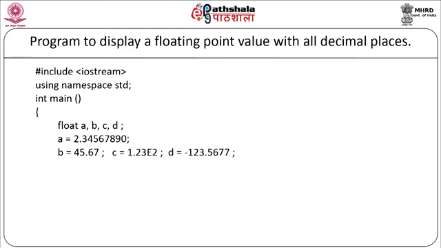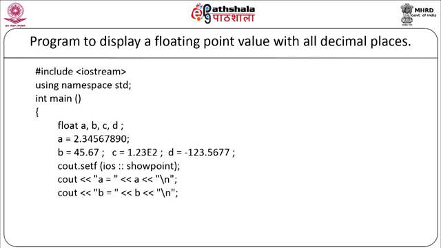Now we'll set the flag as cout.setf(ios::showpoint). cout a equal to the value of a, cout b equal to the value of b, cout c equal to the value of c, and cout d equal to the value of d, and our program will end.